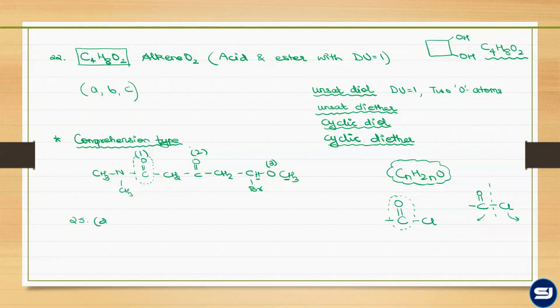So 25 is D. Now 26: carbonyl is a part of ketone. This is a simple ketone group, so it is a part of ketone, option C. And in 27, this oxygen... wait, no, it is not like this, it is C double bond O and Br.